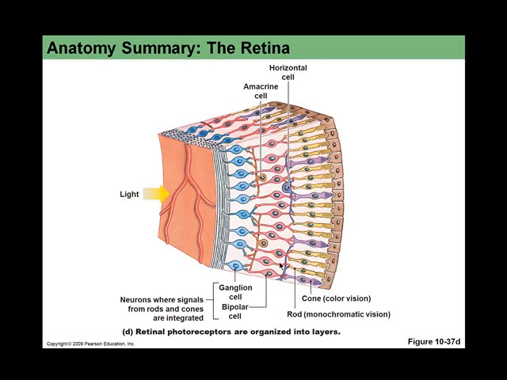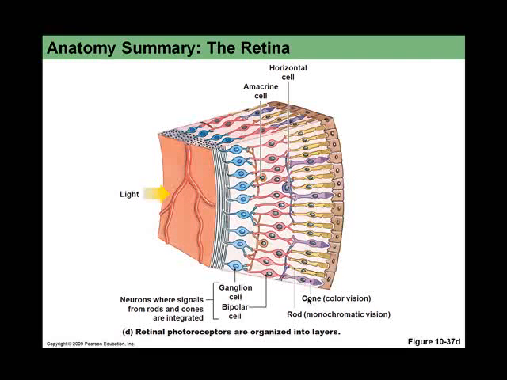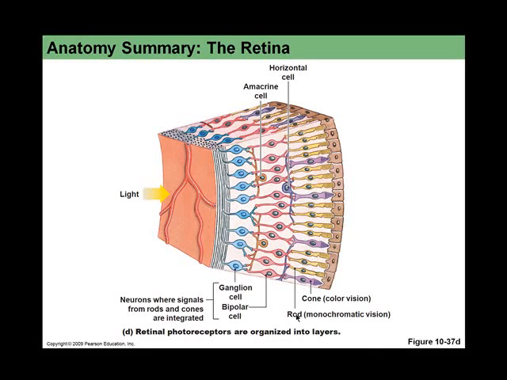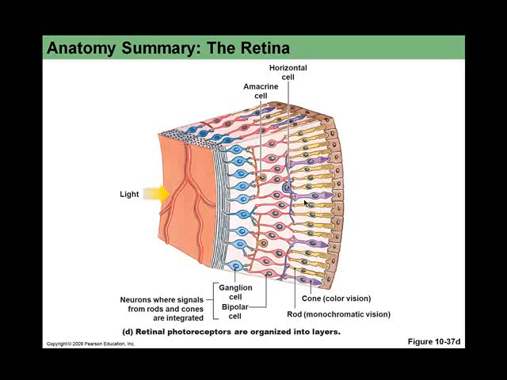And the dendrites of the bipolar neurons, of course the axons are innervating the ganglion cells. The dendrites are receiving input from the photoreceptor cells themselves, and we know that for color there's the cone, and the monochromatic is the rod. And we'll look at these in a bit more detail as we proceed.